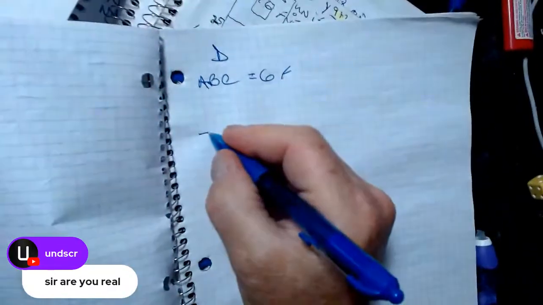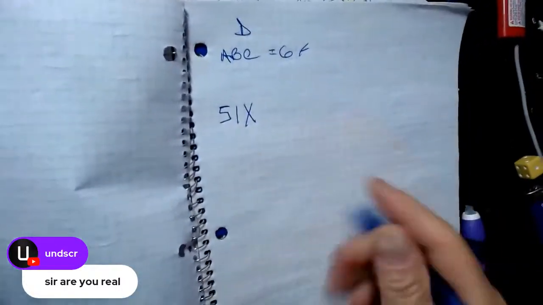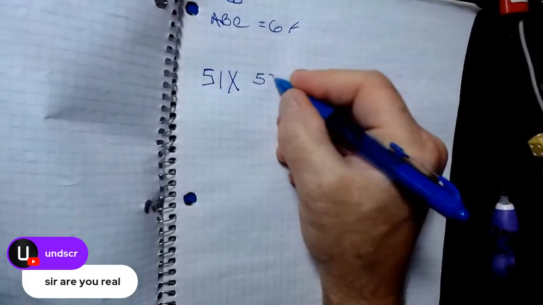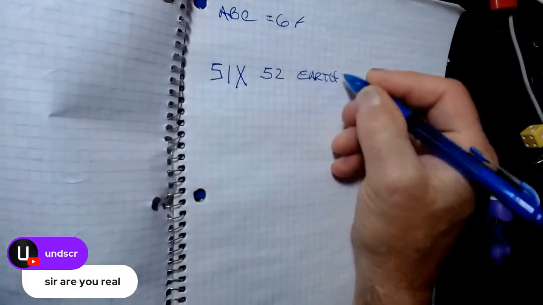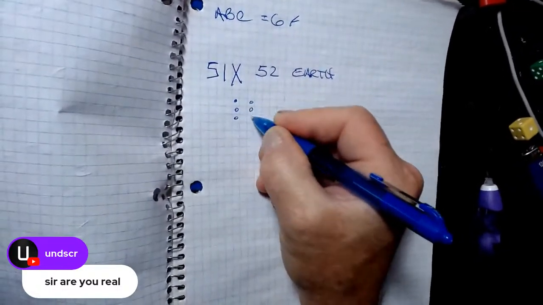Just to note that 6, the word, when you look at 6, the word, you can be seeing Roman numerals inside of them. The word 6 is numeric value 52 for Earth. It was this dot, this dot, this dot, this dot, this dot, this dot.